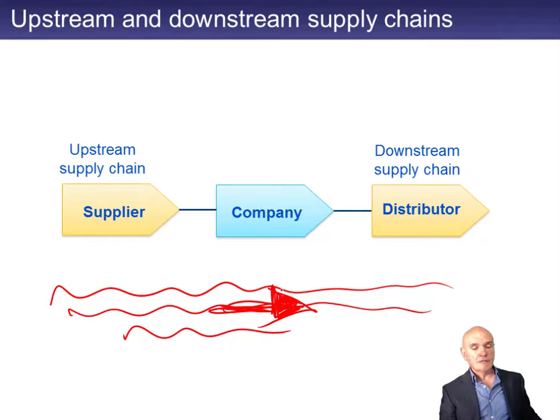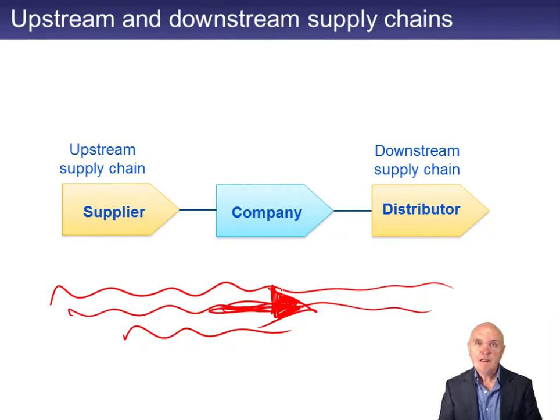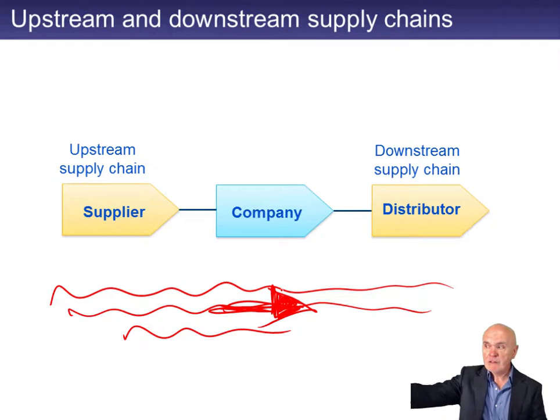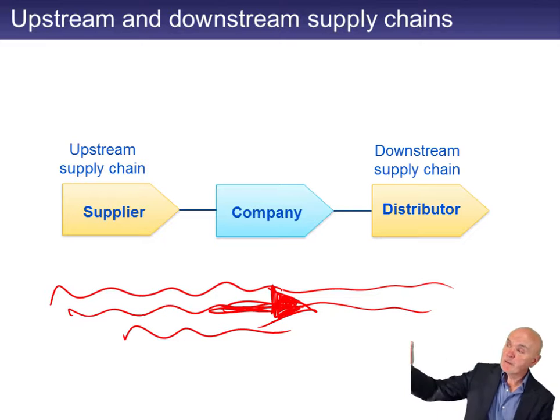And you want to think of materials floating down the river, okay? So they float down the river, through the factory where something is done to them, and then the processed products or the finished products float on down to the distributor. So when you talk about the upstream supply chain, you're talking about all the stuff that happens before the raw material gets to you.